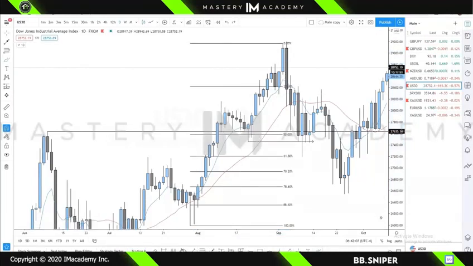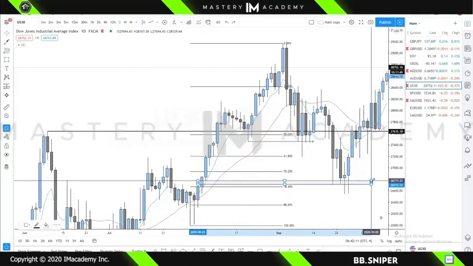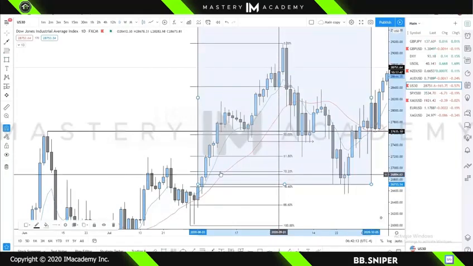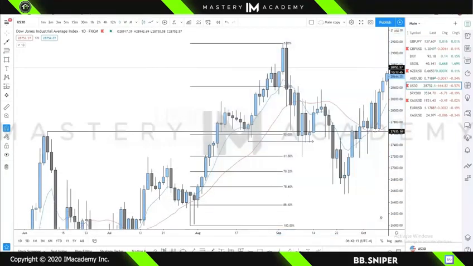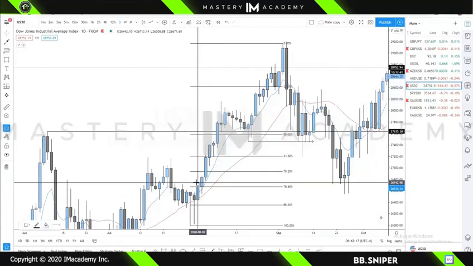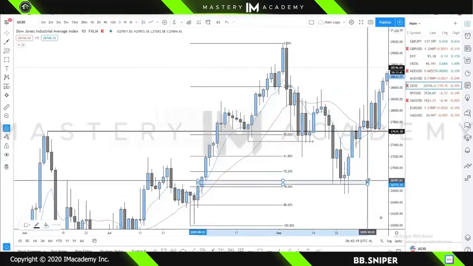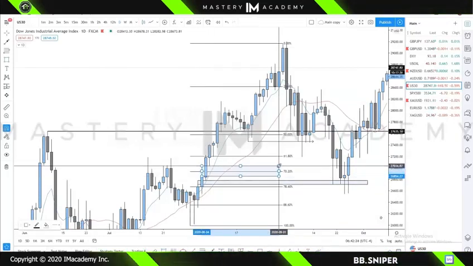We also sought for internal liquidity in the form of these imbalances. We have this imbalance here and this imbalance here.